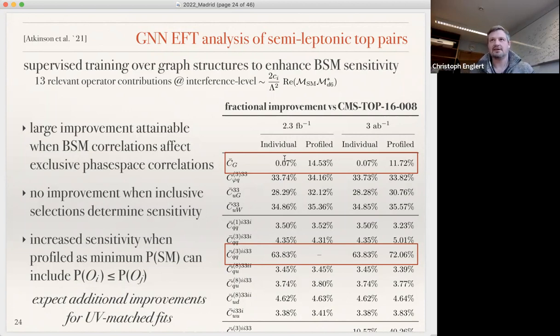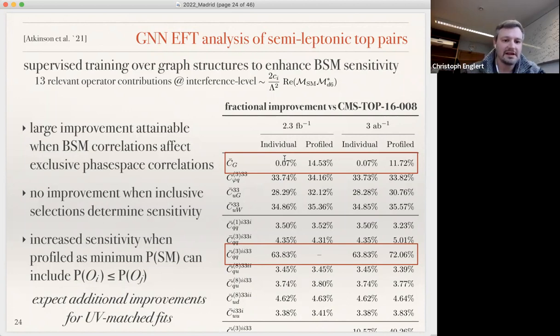So you don't really rely on exclusive regions of phase space. This is really already modeled by the inclusive cross-section, so to speak. So splitting things up into bins, whatever kind of shape they might have in phase space, doesn't really gain anything, because the fit understands that their collection really is the driver behind it.